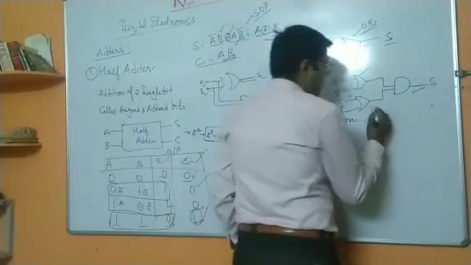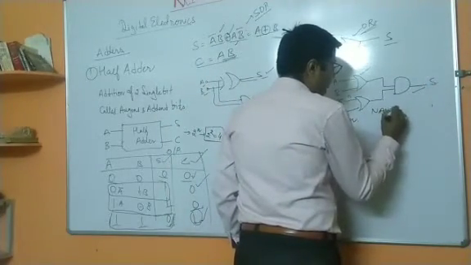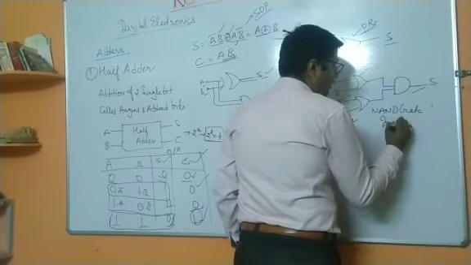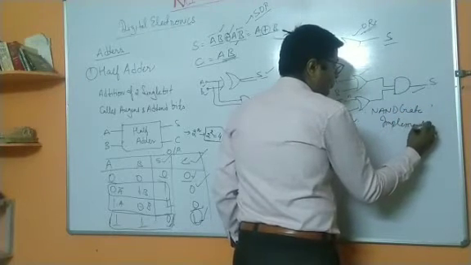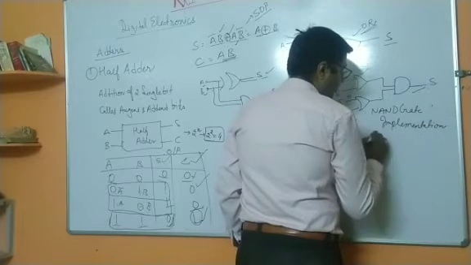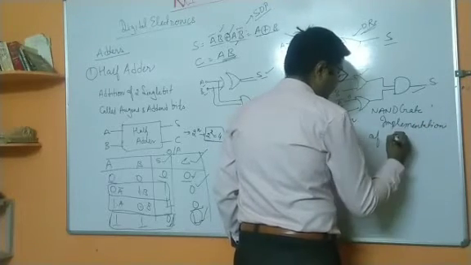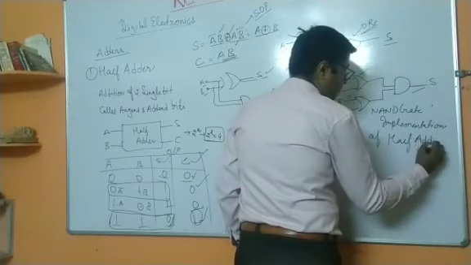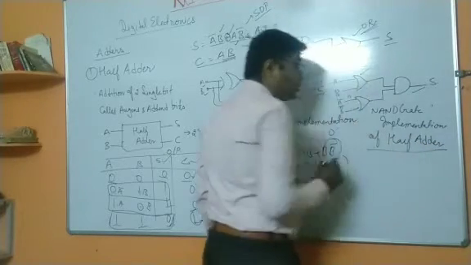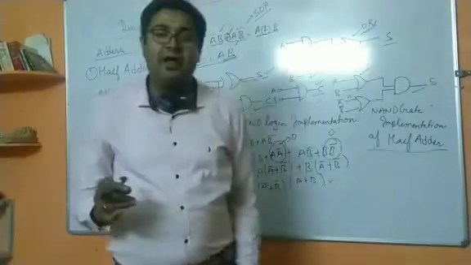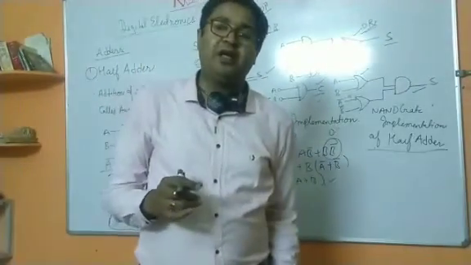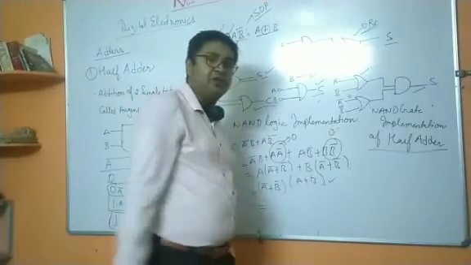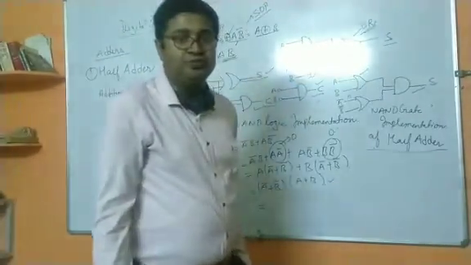So this is the NAND gate implementation of the half-adder circuit. What we can do in your leisure time is you can extract the NOR gate implementation of the half-adder circuit too.